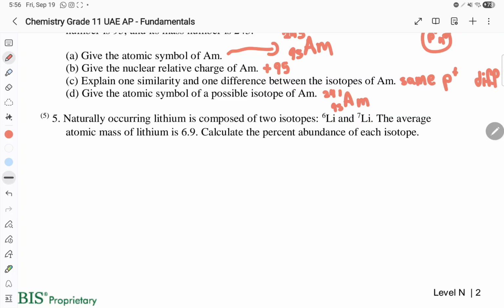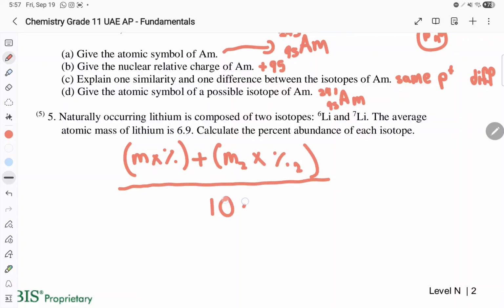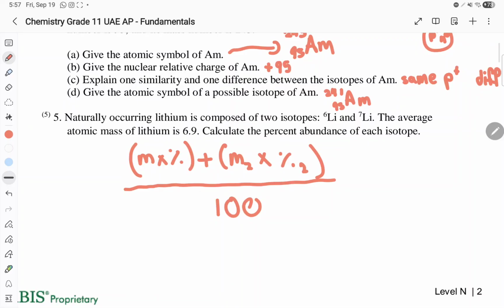Whenever you have more than one isotope, we calculate it as mass 1 times percentage abundance 1 plus mass 2 times percentage abundance 2, all over 100. If you have more than 2, you could add more, but in our case we only have 2.